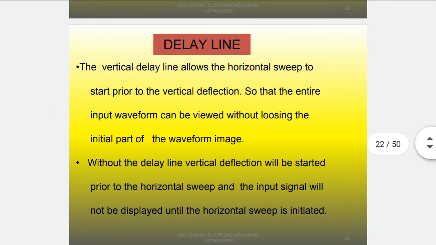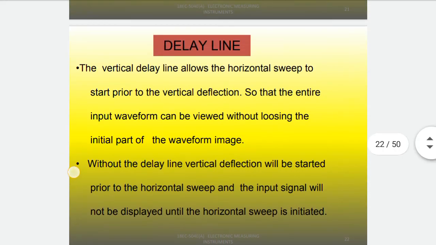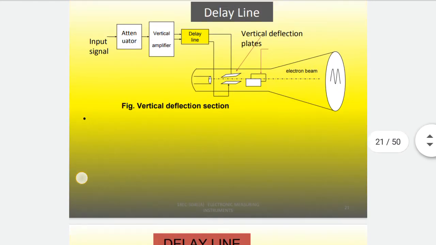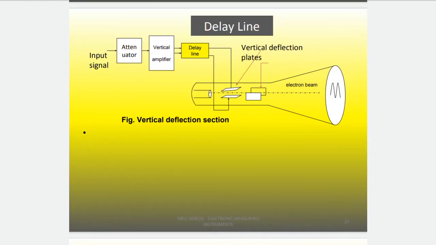Without the delay line, vertical deflection would start prior to the horizontal sweep, and the input signal would not be displayed until the horizontal sweep is initiated. In the vertical section of the CRO, you can see the delay line is included.